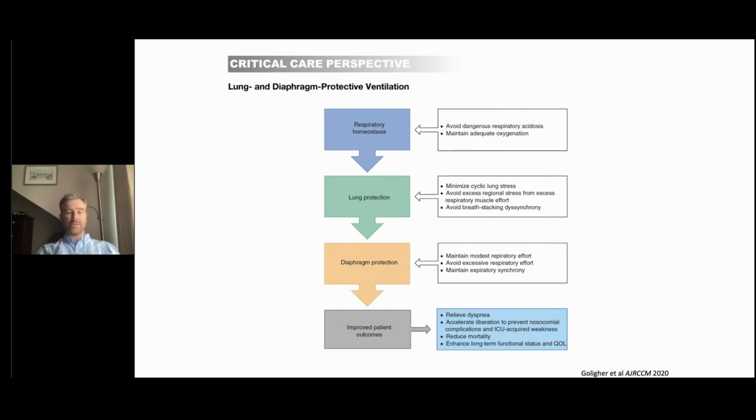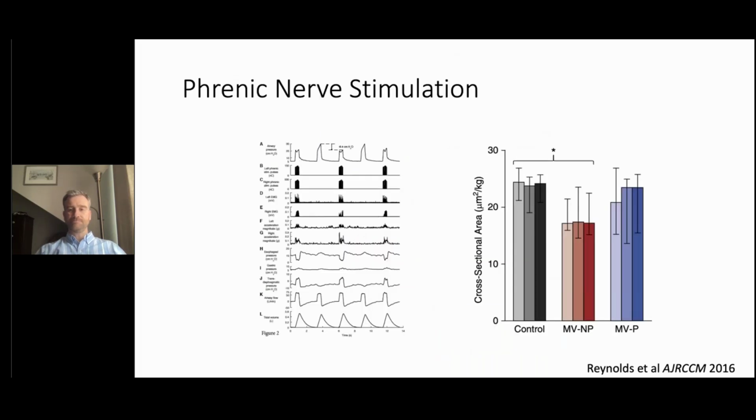And this makes applying ventilation and sedation somewhat more complicated. But if we can do it, then potentially we may be able to avoid both lung and diaphragm injury, improve outcomes, and improve long-term functional status for survivors.